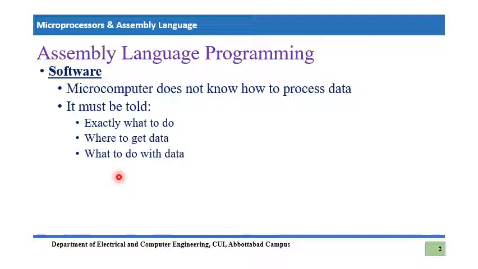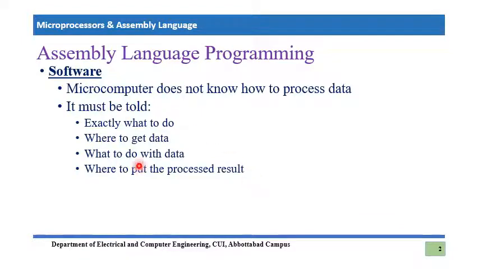Maybe it is getting data from a register, maybe from storage outside the microprocessor, so it needs to know. And of course, the most important thing, if it has processed the data, where should the result be sent? Where to put that specific processed result?